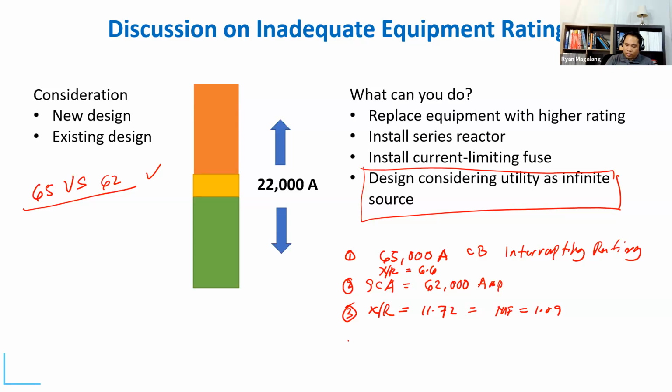My I peak is actually 62,000 times 1.09.